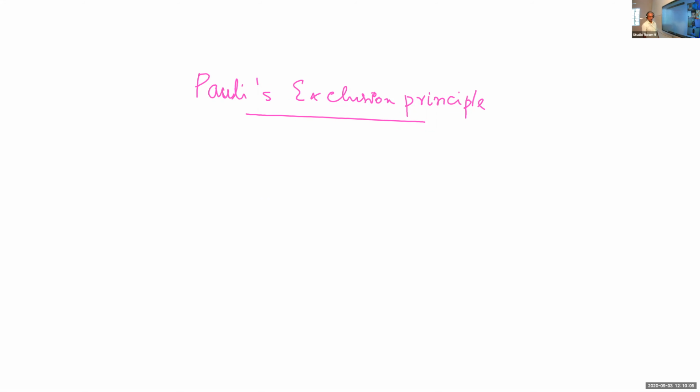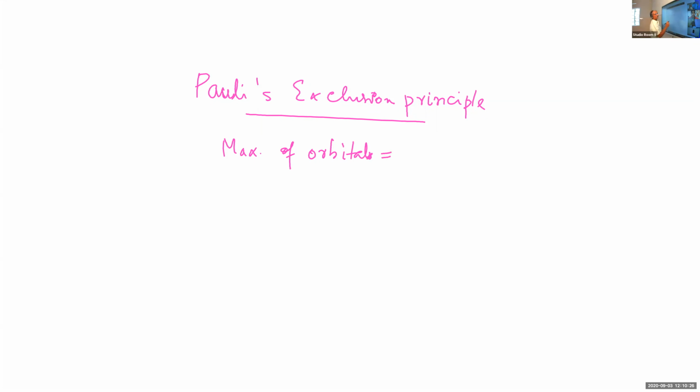Now let us go to the 2 electrons present in an orbital. What is the maximum capacity of an orbital? How many electrons can be there in an orbital?